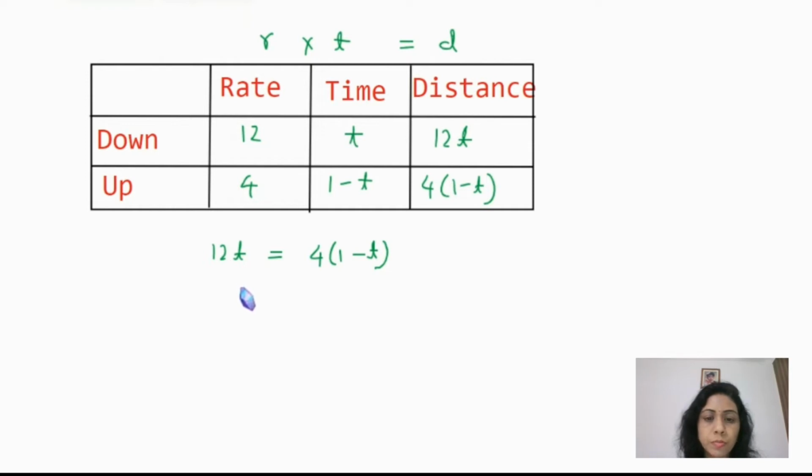If you have any confusion, please ask me. Okay, now 12t equals, and now you can use the distributive property: 4 times 1 is 4, minus 4 times t, 4t. Okay. Now add 4t to both sides. So 12t plus 4t, 16t, equals 4.